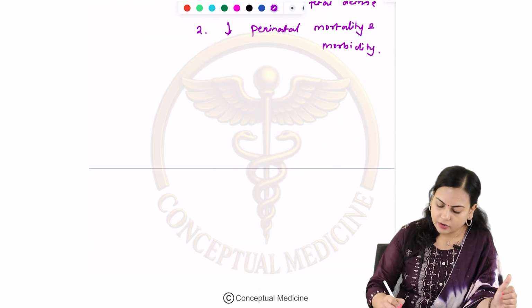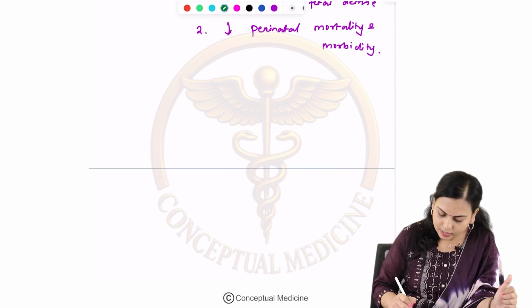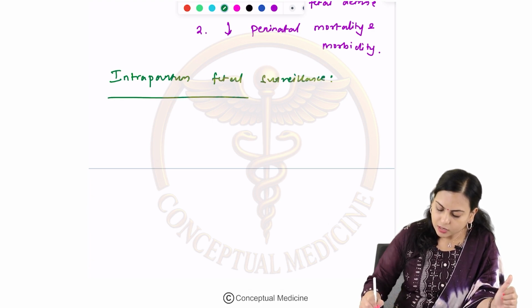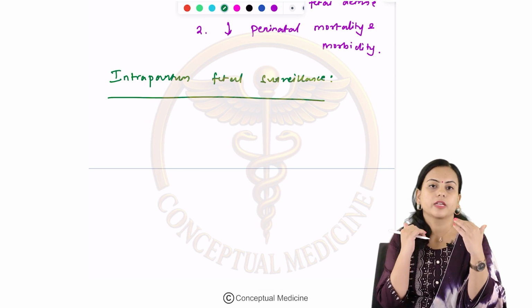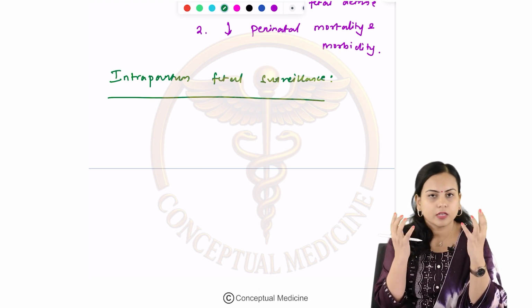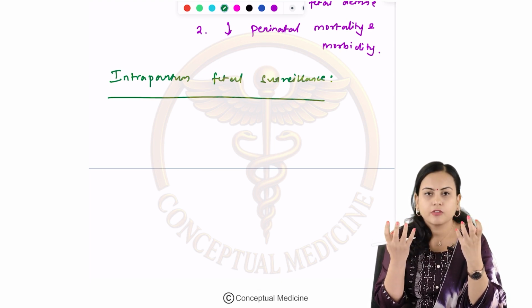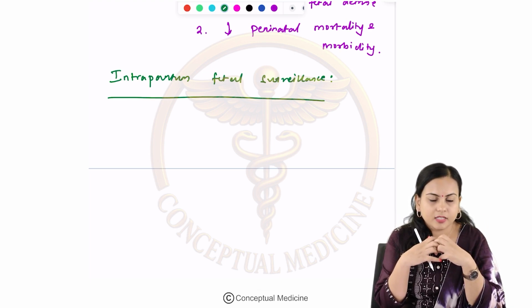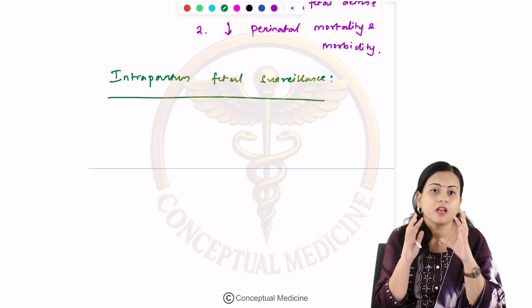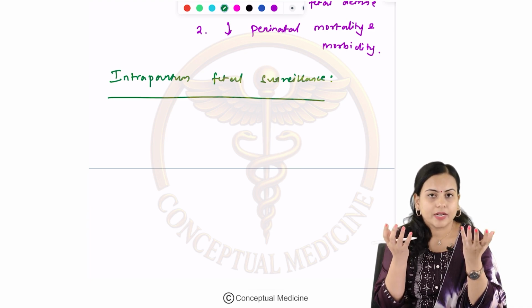Now we'll see intrapartum fetal surveillance. Why is it necessary? During the intrapartum period, that is when the woman is in labor, there are uterine contractions. When the uterus contracts, it delivers less blood supply to the fetus because of compression of the blood vessels.